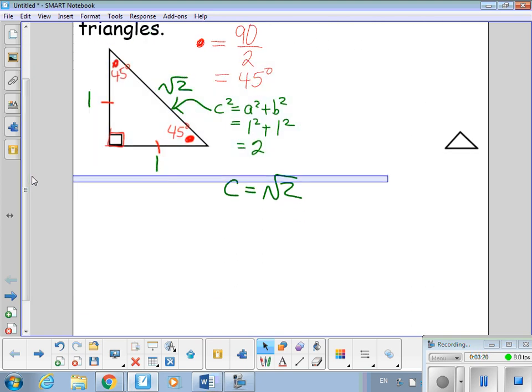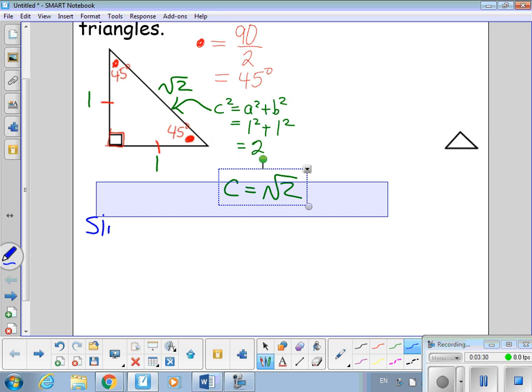So what I have now is exact values for a right angle triangle that's 45 degrees. So what I can do with that is I know, for instance, that sine of 45 degrees is going to be the opposite over the hypotenuse, because that's what sine is. When I look at this triangle, here is my hypotenuse, and it doesn't really matter which 45-degree angle I use.